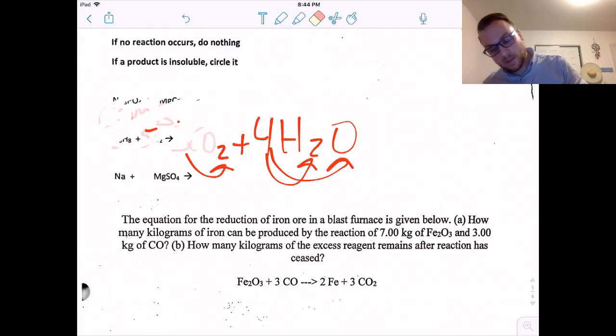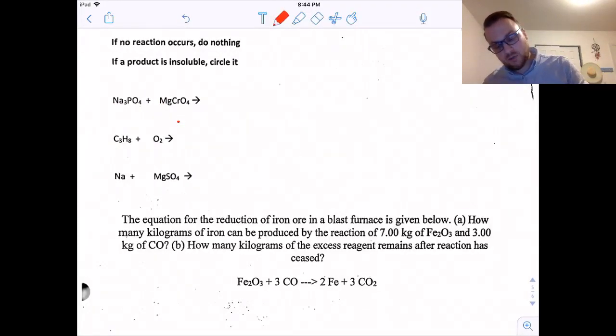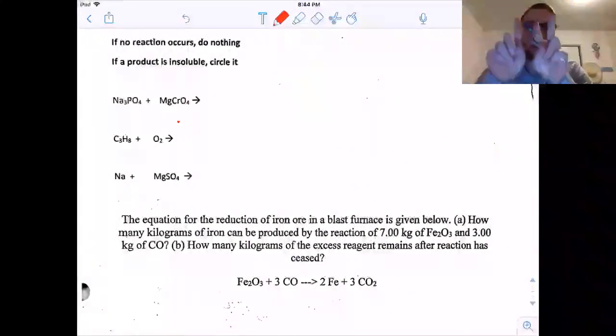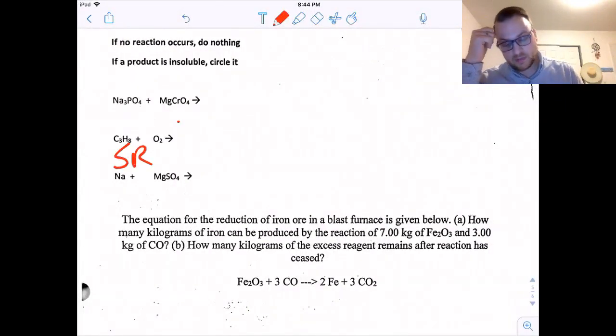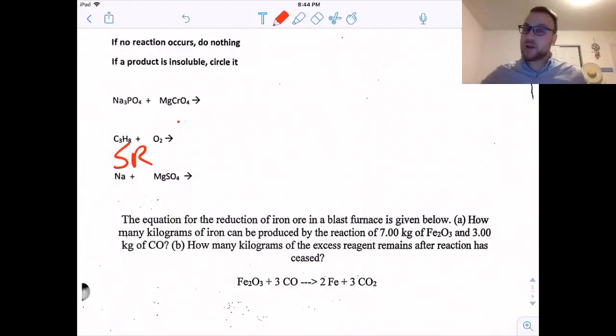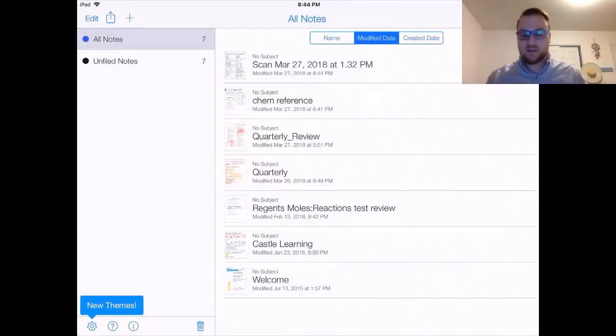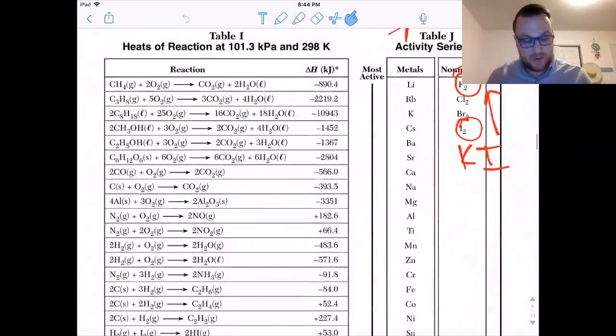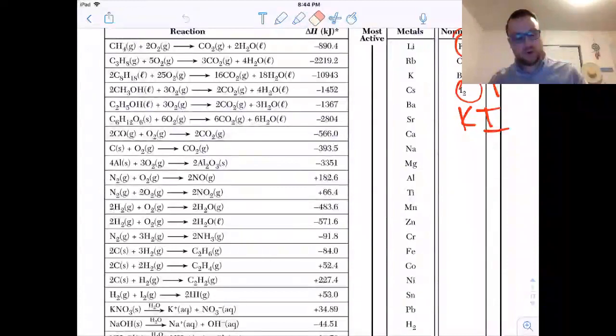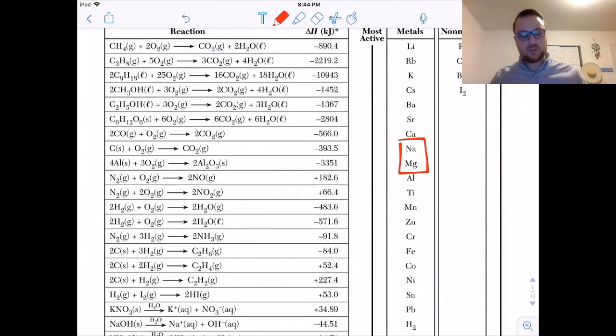Last one. When you see an element and a compound together, your mind should go single replacement. In which case, you should, 1, before you do anything, immediately flip it on over to table J and find the 2 atoms that you are going to compare. And I'm going to compare Mg and Na, because those are the 2 metals that are in my reaction.